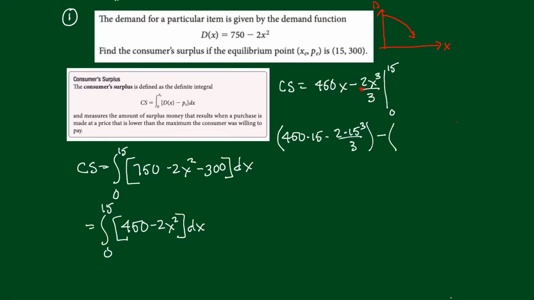So you just get 0 minus 0. This whole thing here is just 0. And my calculator is showing that that gives me $4,500, right? So we're going to claim now that the consumer surplus is $4,500. And should someone ask us, well, how do you know that? Well, here's our proof right here.